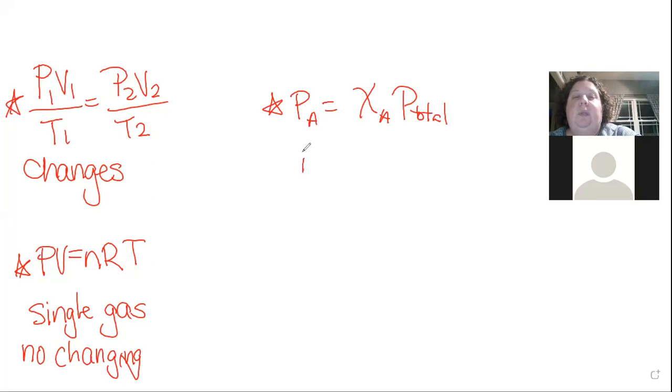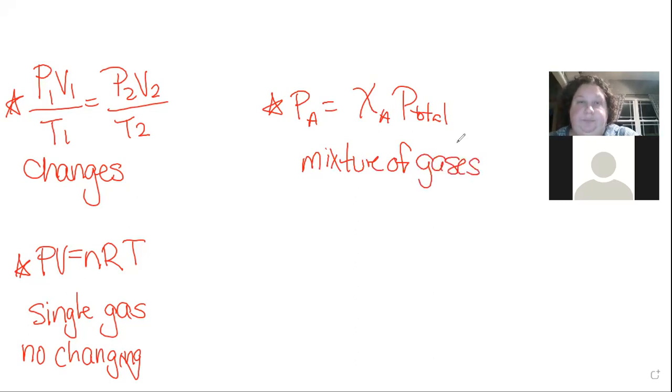So this would be if we know that we have a mixture of gases all in the same container. Can you please explain that again? So we would use this equation if we have a mixture of gases all in the same container.